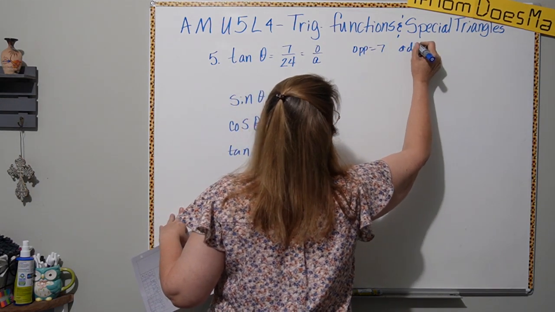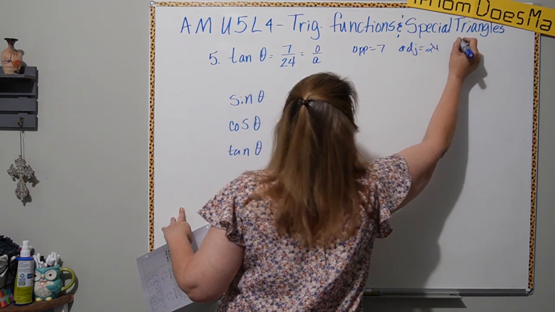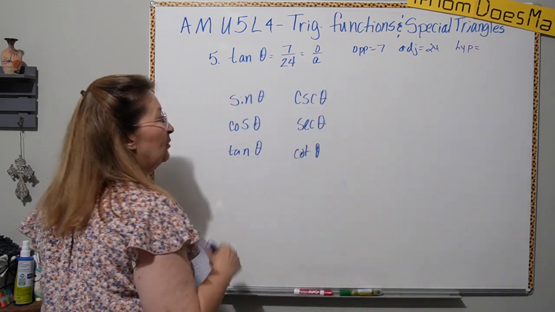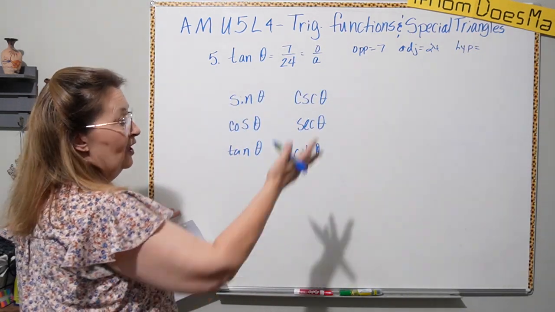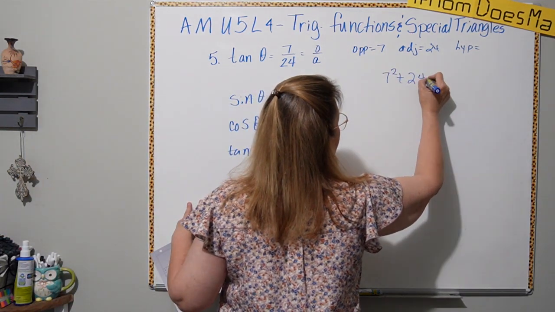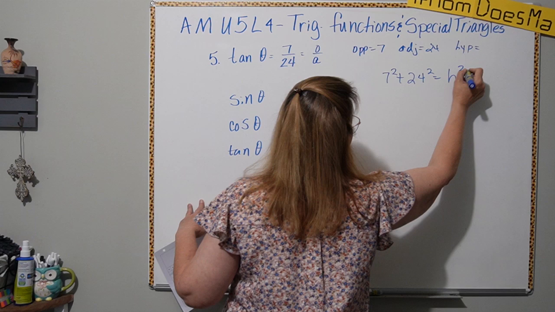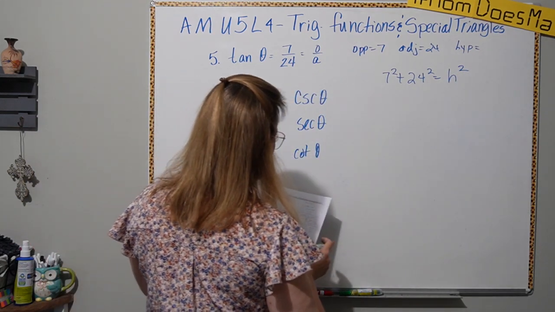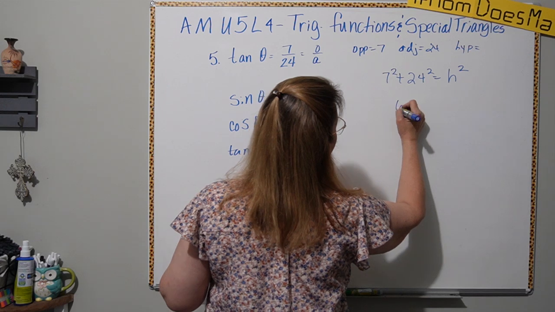You need an adjacent, which is 24. And you need a hypotenuse, which I don't know. But how can I find the hypotenuse? Well, Pythagorean theorem. If you do 7 squared plus 24 squared equals h squared, 7 squared plus 24 squared is going to give you 625.